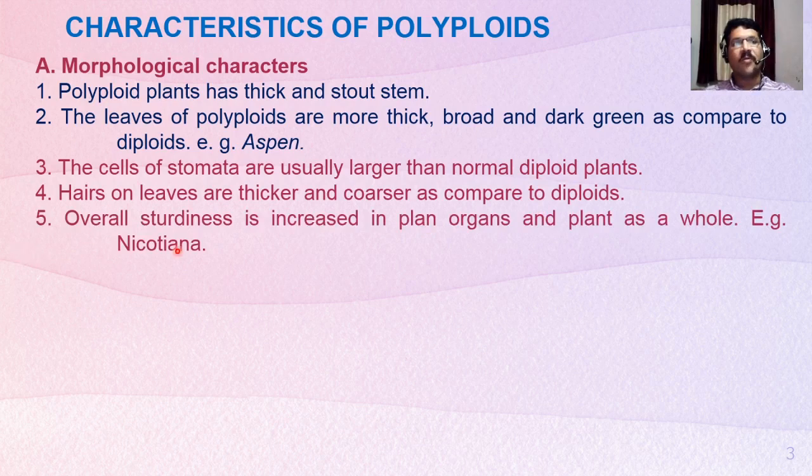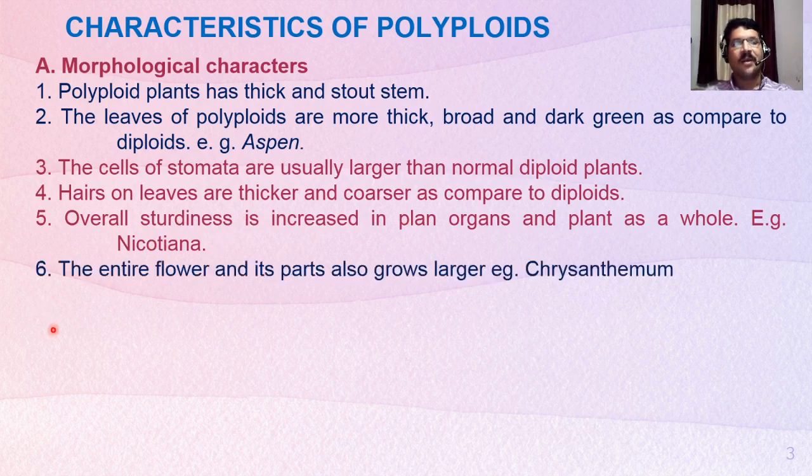Then overall sturdiness is increased in plant organs and in the plant as a whole. For example, in Nicotiana, that is the tobacco plant, sturdiness is found increased in polyploid plants as compared to diploid plants. Next, the entire flower and its parts also grow larger.